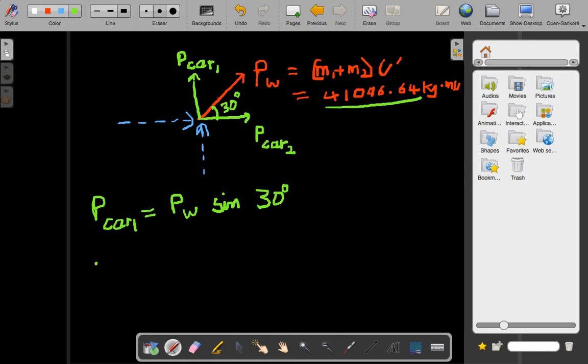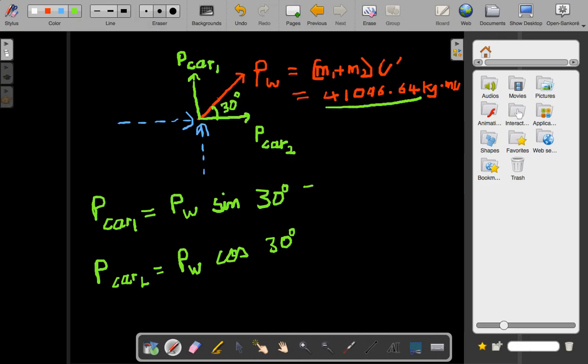Similarly, the momentum of car 2 would be the momentum of the wreckage times cos 30 degrees. So all I'm saying is that the momentum of car 1 is the vertical component of the wreckage vector, and the momentum of car 2 is the horizontal component of the momentum vector.